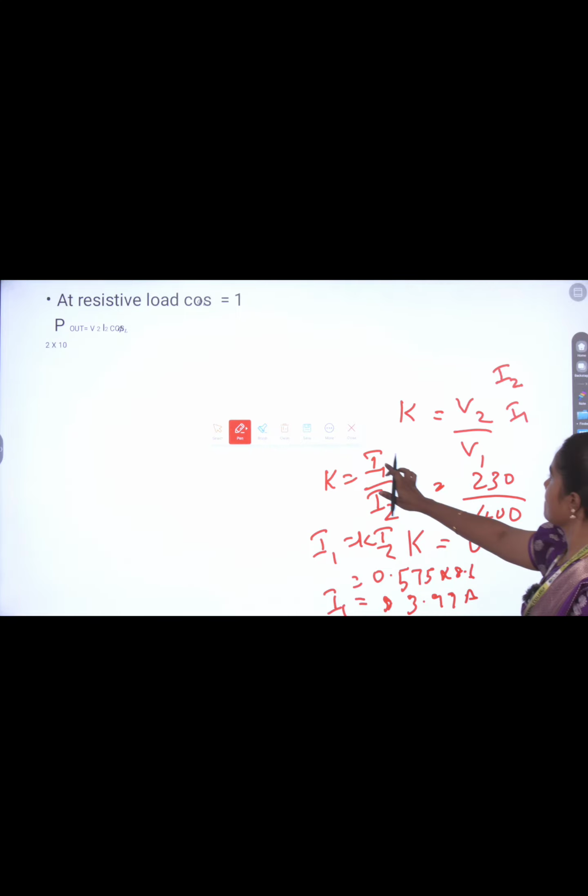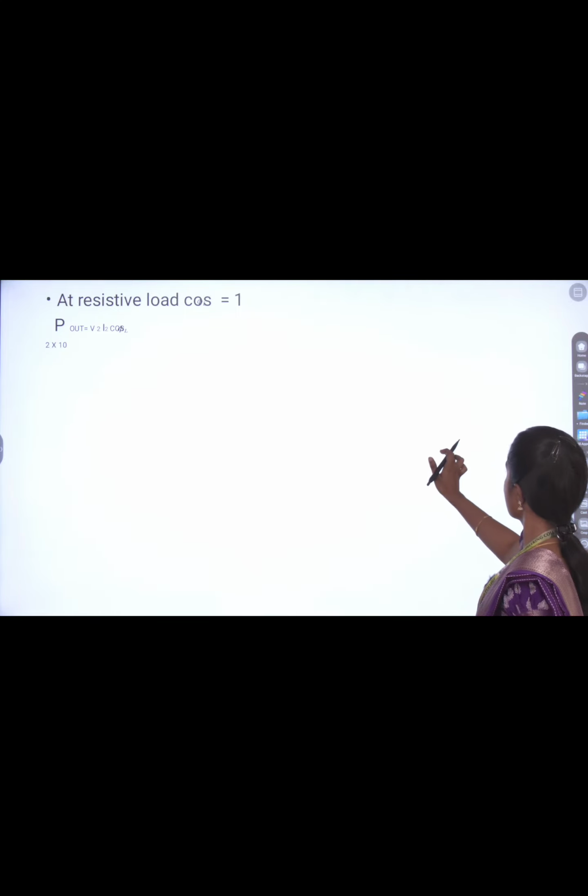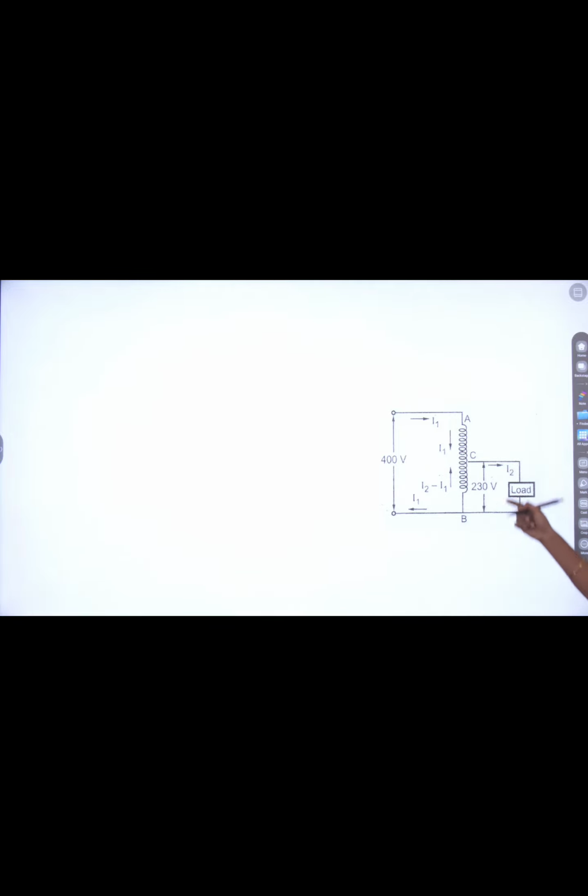Next, there is a current flow direction path for the given circuit. I1 is the primary current. We find the AC section current as I1, and the DC section current is denoted by I2 minus I1. We already found the values of I1 and I2.